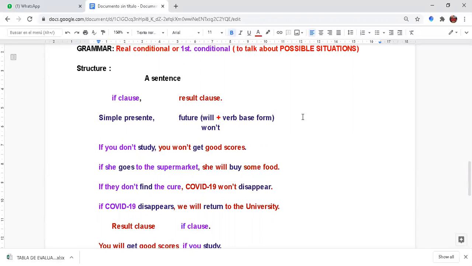What is the structure? In a sentence, we need two clauses: one is the if clause, the other is the result clause. You can begin with the if clause or you can begin with the result clause. It's up to you, but you have to follow this structure.